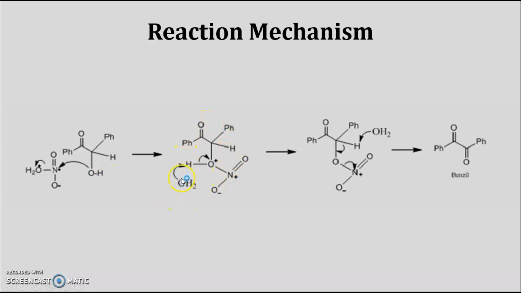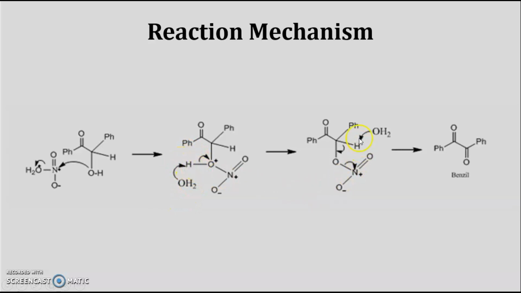Now the OH minus ions, you can make a correction over here. Here there is a presence of OH minus ions. This OH minus ion combines with this H, and OH2 is formed. This OH2 is removed as water, due to which this hydrogen is lost in the next step.